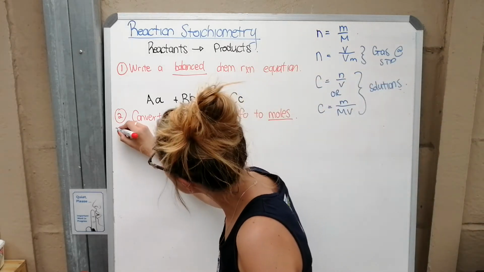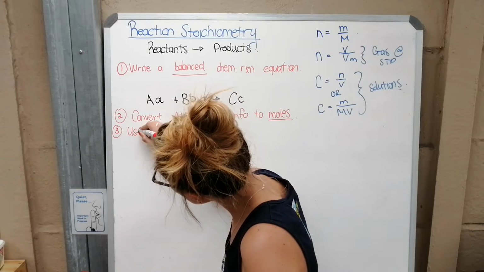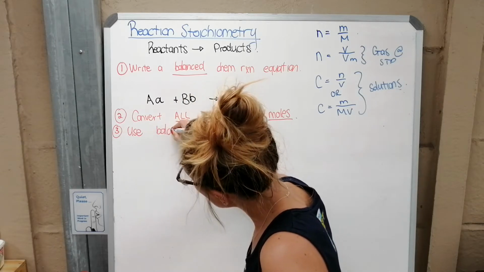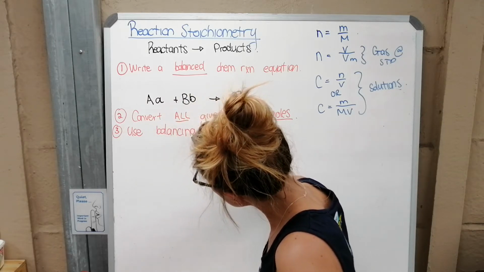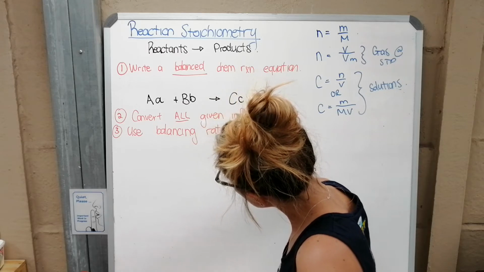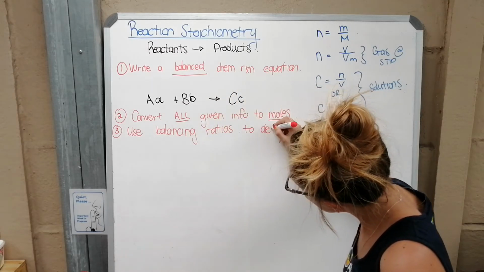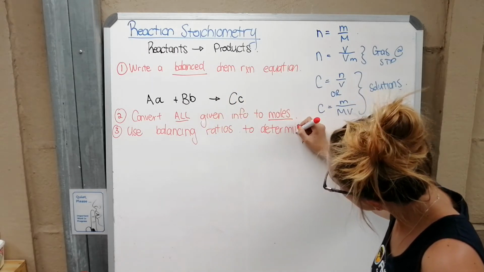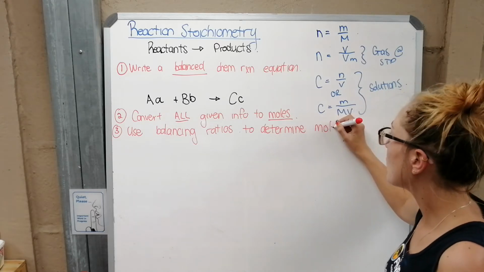Step three, you use the balancing ratios to determine moles of what you want.